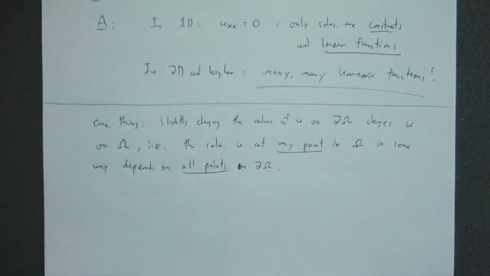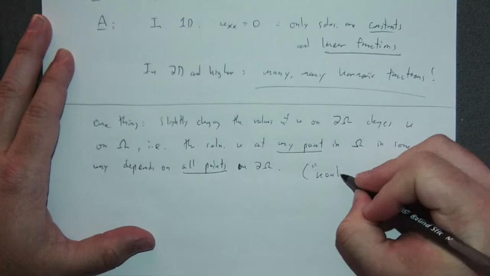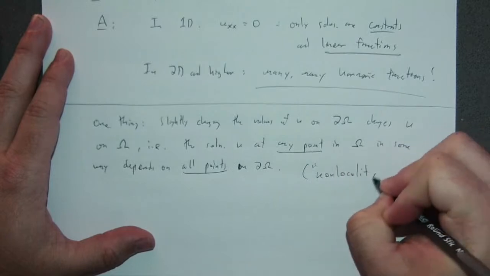And so again, we get this kind of weird, you want to call it infinite propagation speed, or this weird situation where there's this non-local property, right? This is an example of non-locality, if you want to call it that.